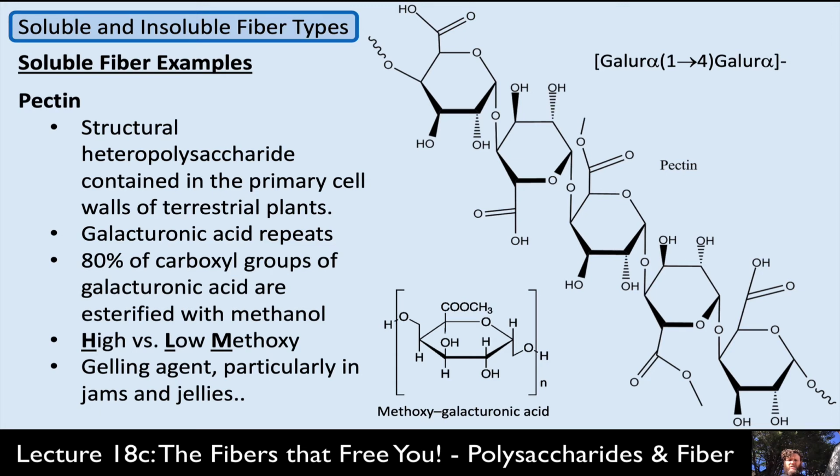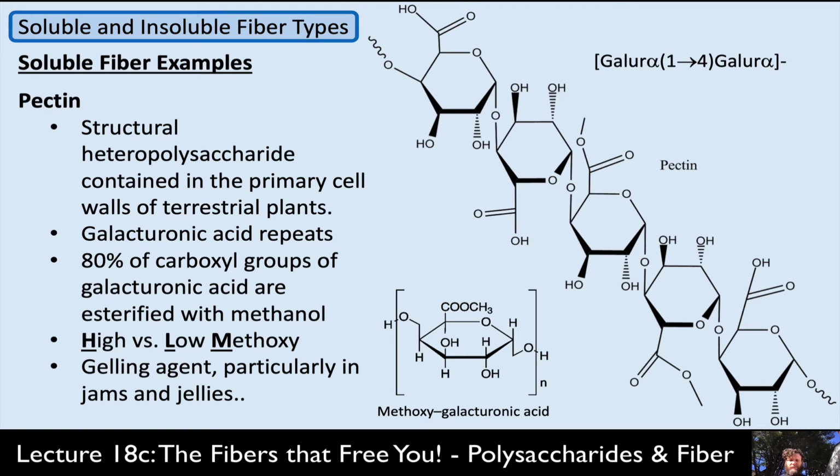However, it is extremely soluble, and it's a structural heteropolysaccharide that is in the wall of a lot of plants. So, for example, the skin of grapes or apples have a lot of this stuff in them. Yeah, these galacturonic acid repeats.